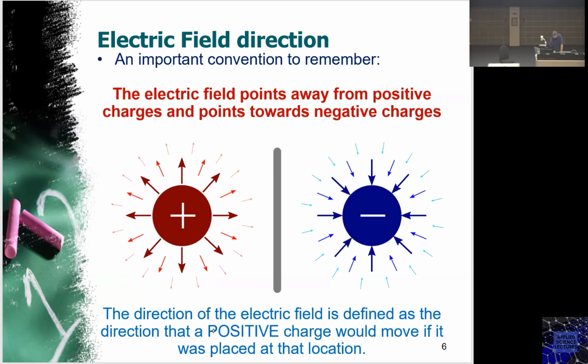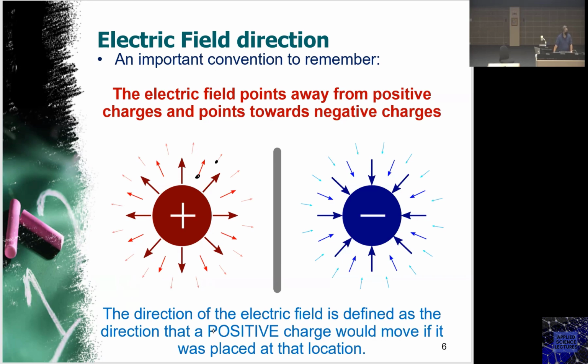So if we look at the electric field at different distances from this charge, for example, you can see that the electric field at this point is smaller in magnitude than the electric field at that point. Why?